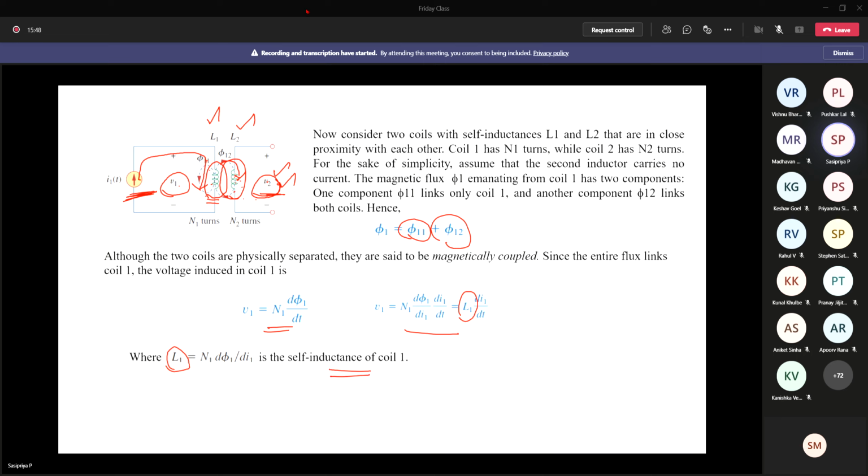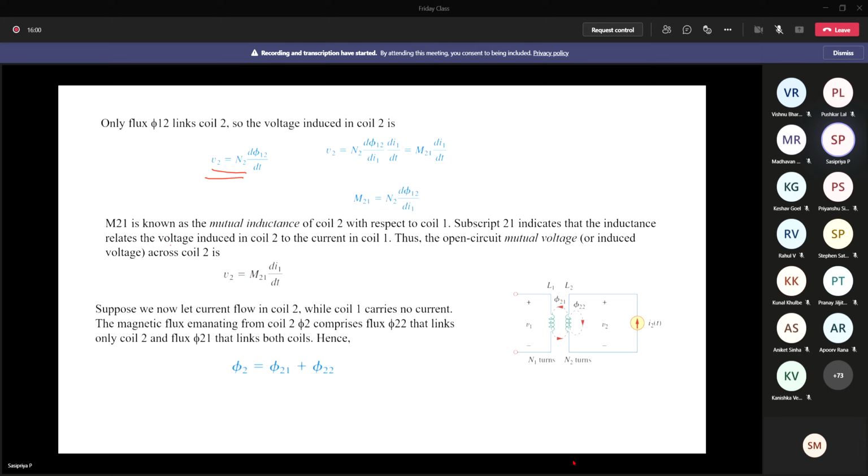Okay, so now again, due to the flux linkage phi12, we have another voltage on this side, V2, right? So now this V2 is nothing but N2 into, to differentiate this flux, it is written as phi12. Okay, phi12 is nothing but the flux linkage in coil 2.